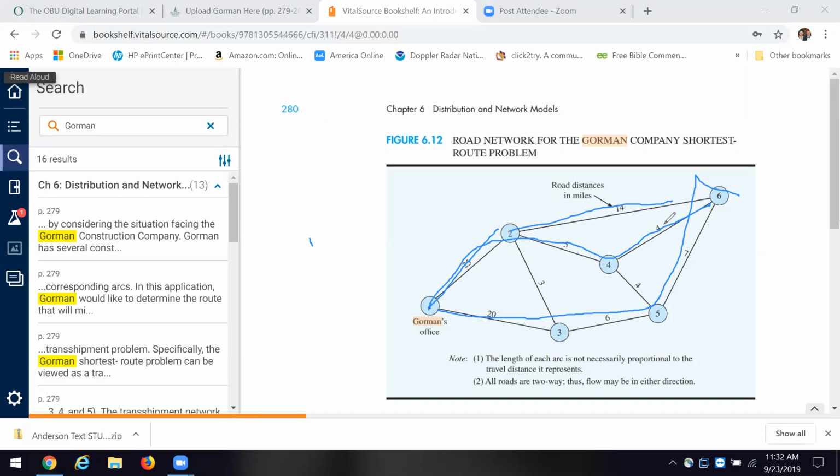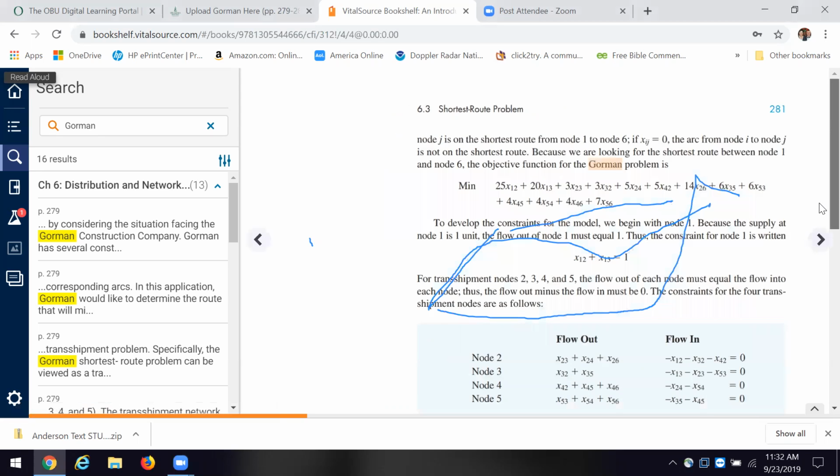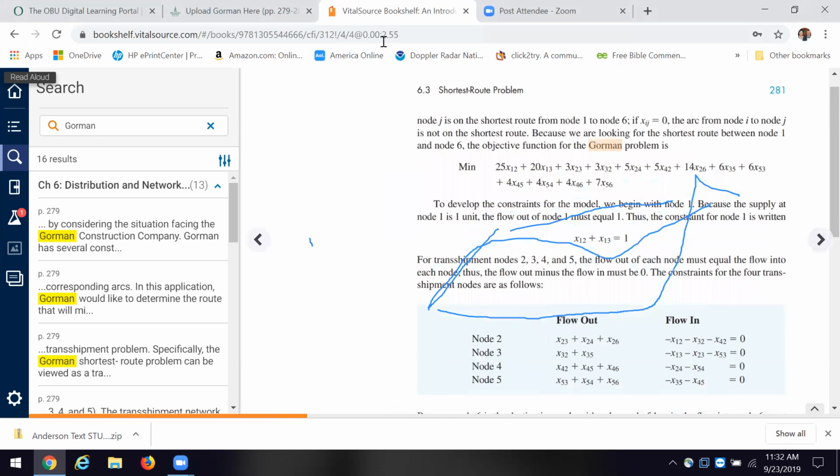That's the one that's the most likely, the one that I may have to shift some resources from over into these other routes. Now, again, the authors walk us through this problem, the distances, and they begin to construct for us the objective function and the constraints.